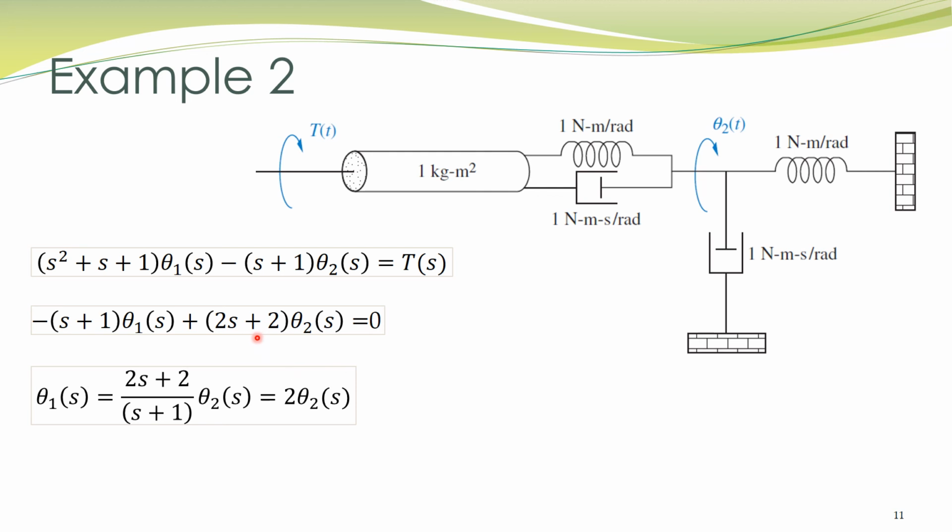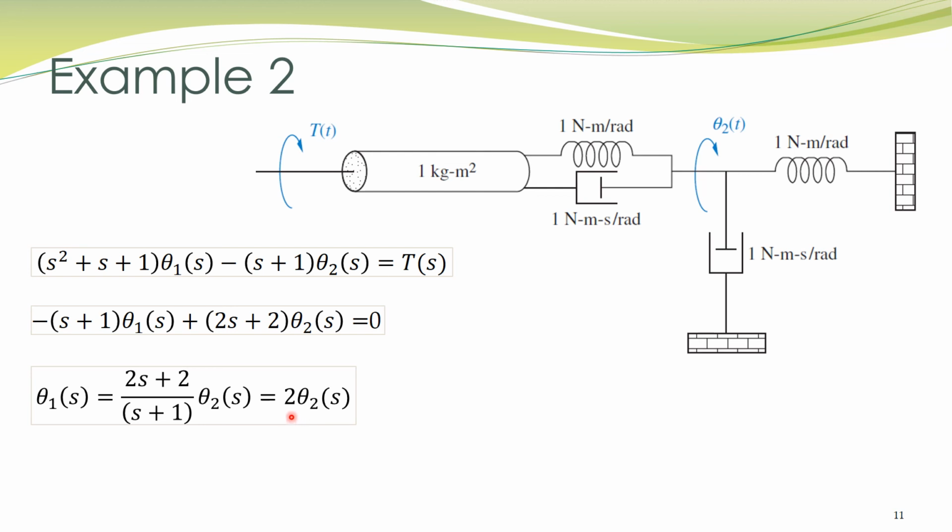From the second equation on this slide, theta 1(s) is given by theta 2(s) multiplied by this term, bringing this term to the right hand side and dividing, we get this expression, and taking 2 common from the numerator, the numerator term is cancelled with the denominator, so theta 1(s) is equal to 2 theta 2(s).